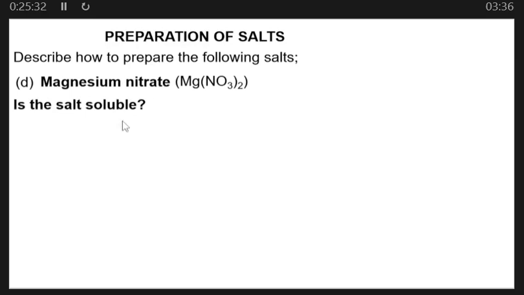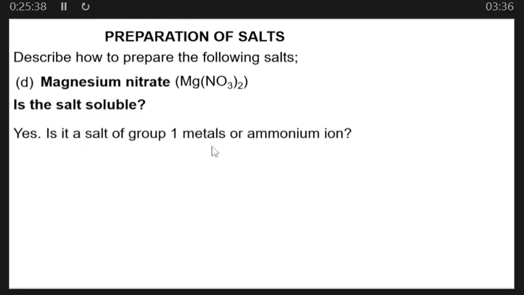So the answer is yes, it is soluble. Then the other question is, is it a salt of group 1 metals or ammonium ion? The answer is no. Then use the displacement method.